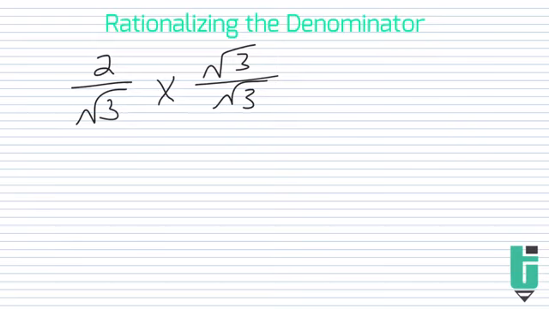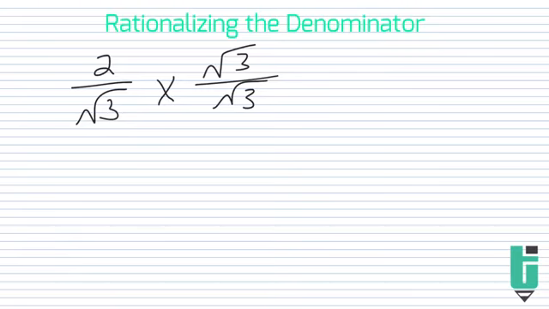So I'm not changing anything. What I've done is multiply this fraction by the value in the denominator, square root 3, over that value again. And we'll see how this helps us.